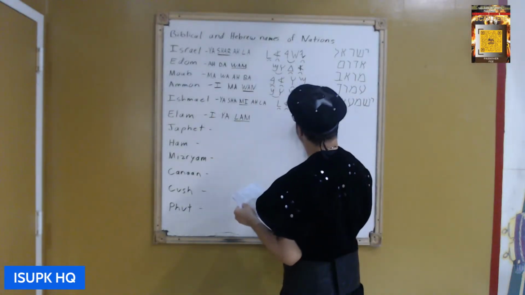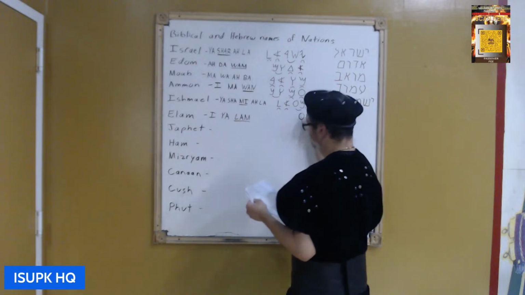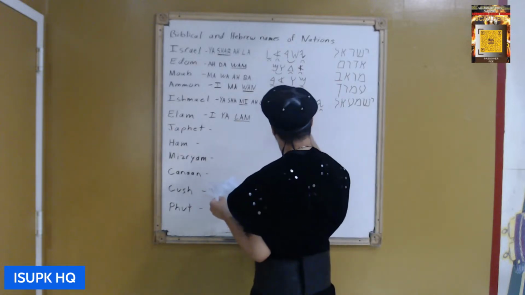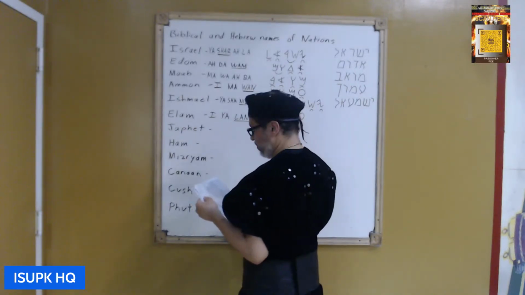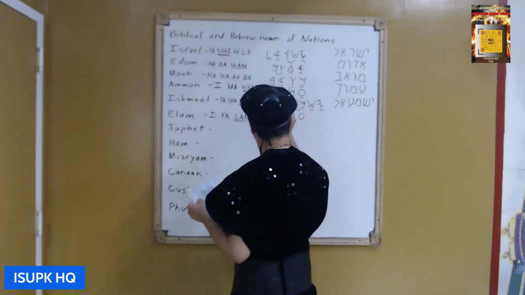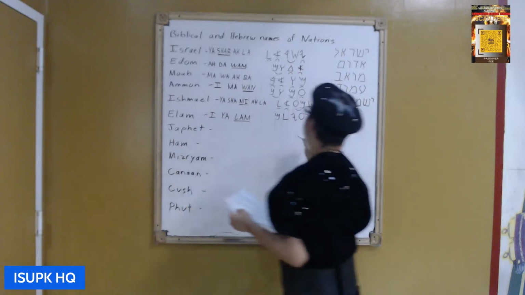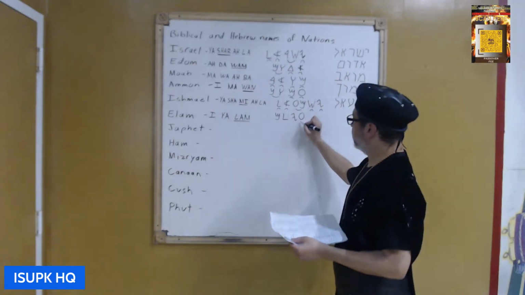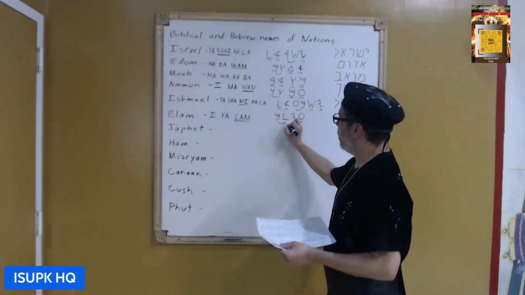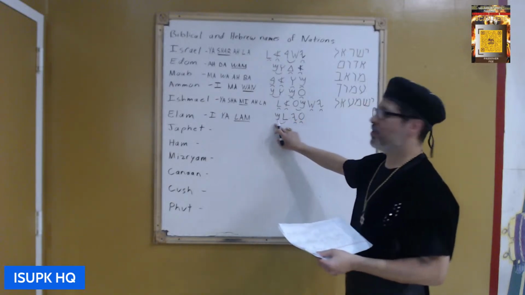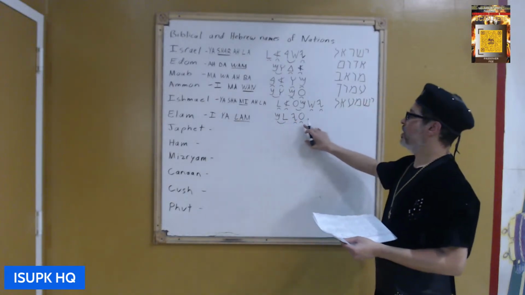Let's draw the I, Ya, the La, and the Ma. I, Ya, Lam. These two are connected, these last two letters. I, Ya, Lam.